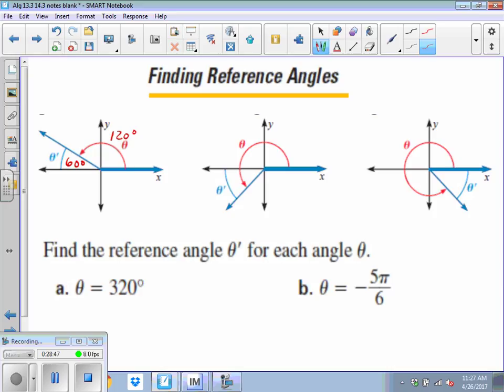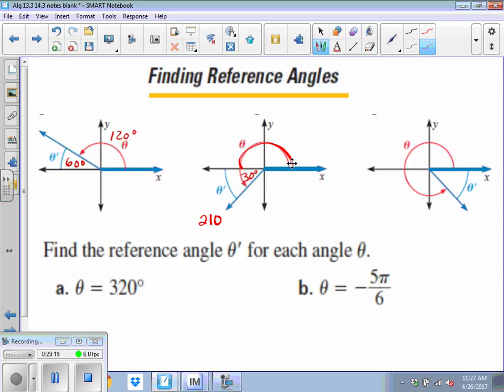So these are just examples. So if it came all the way down here, if that angle was 210 degrees, what's my reference angle? 30. How'd you find that? Subtracted 180 because it went 180 and then another 30. So we could do a right triangle with a 30 degree angle. That's still 30, 60, 90.